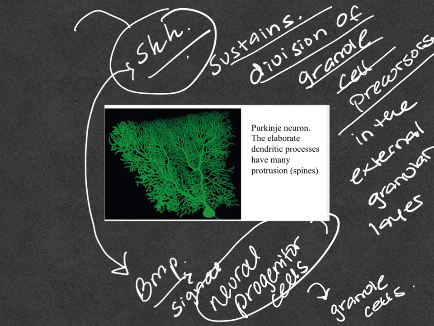So if we didn't have any Sonic Hedgehog, there would be no division of neural progenitor cells, which would therefore halt the manufacture of granule cells.